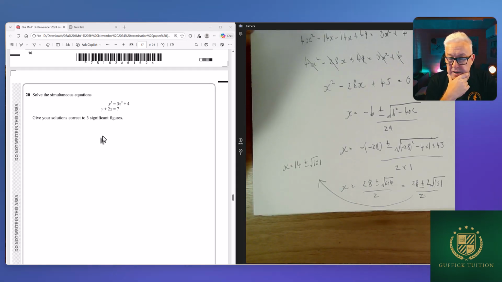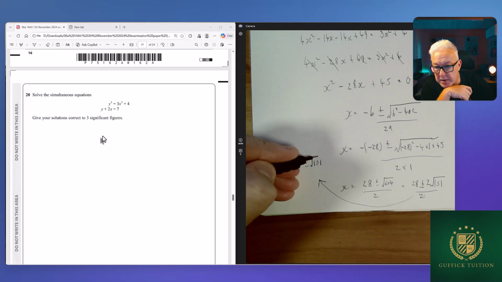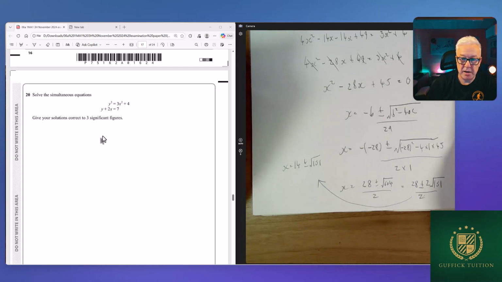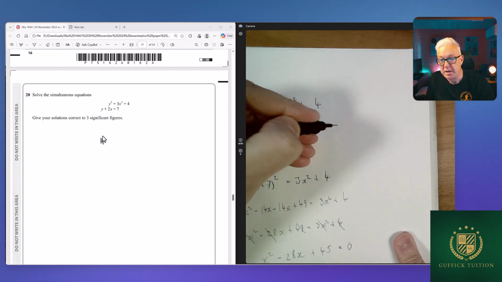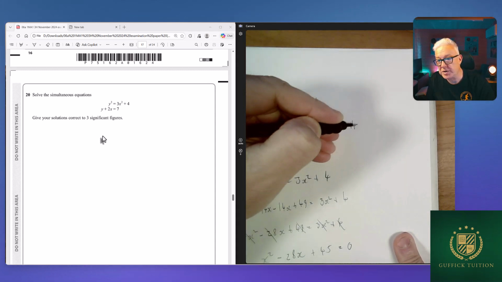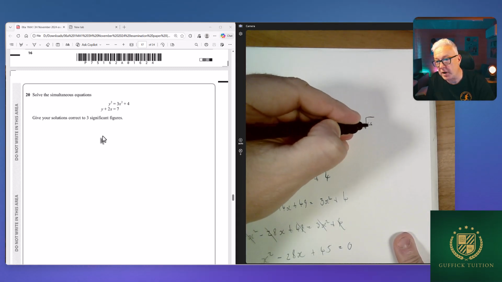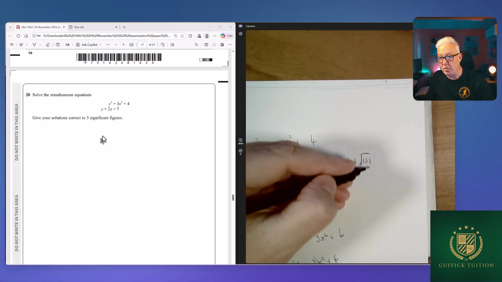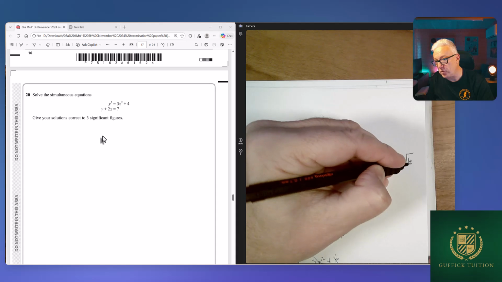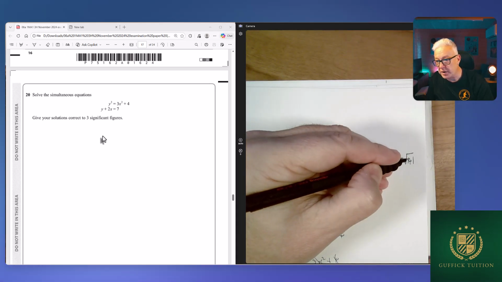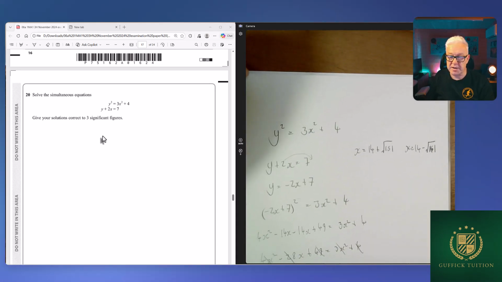Okay, so we need to solve these and give them correct to 3 significant figures. So that's our values for x. Let's come up here where we've got some more space. So x is going to equal 14 plus root 151, that's one value, or x is going to equal 14 minus root 151 is going to be our second value of x.